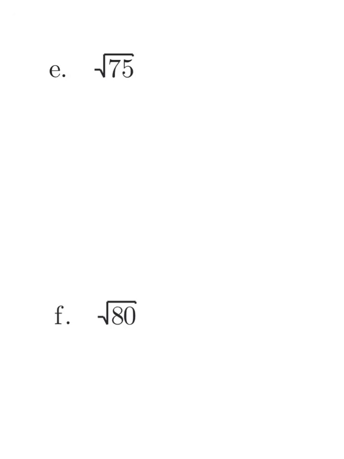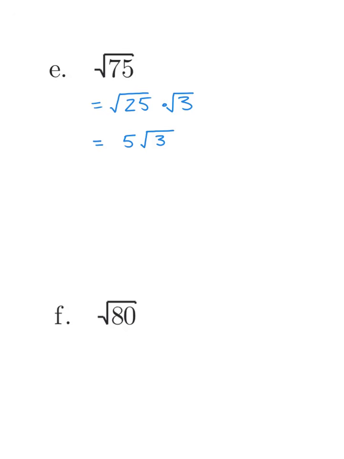We should be able to separate this into 25 times 3. Again, these are inside square roots. Now we want to take the square root of 25 and we get 5. My 3 stays inside. So our final answer is going to be 5 square root of 3.